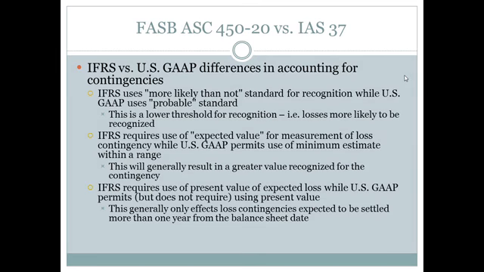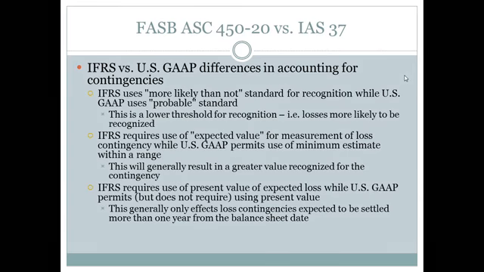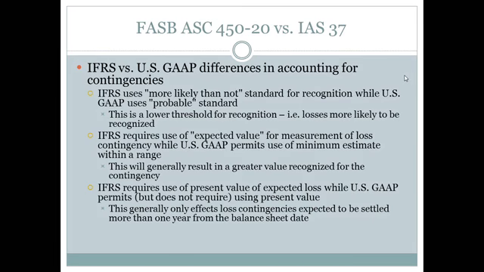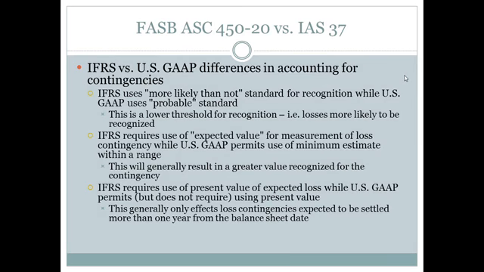So in that earlier example where I had the lawyers telling us that the loss was going to be somewhere between $1 million and $2 million, under US GAAP we're allowed to use the minimum amount, which would be $1 million in the range, but IFRS, by and large, would probably require us to record at least $1.5 million, the midpoint of the range. That's going to be more like the expected value.